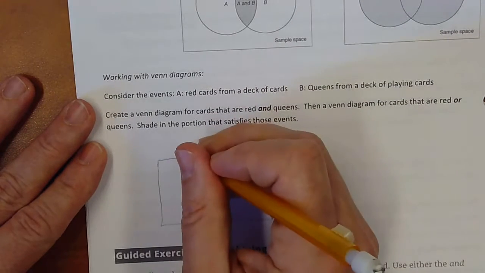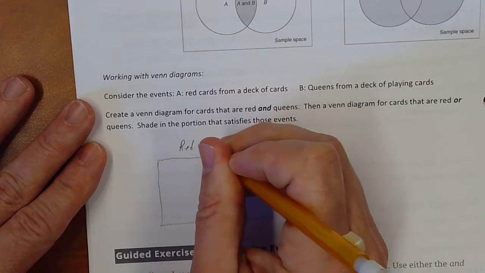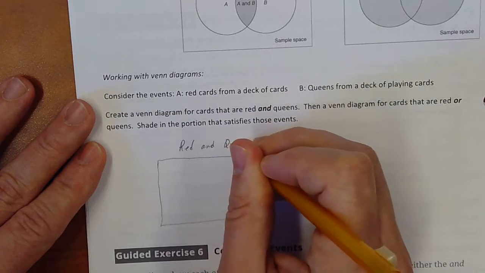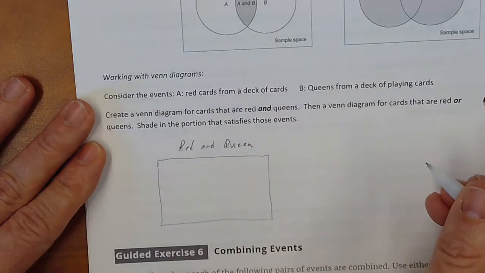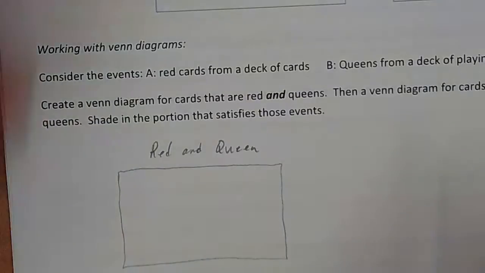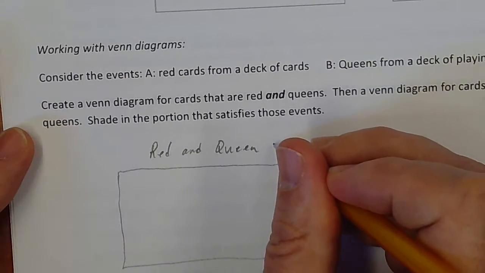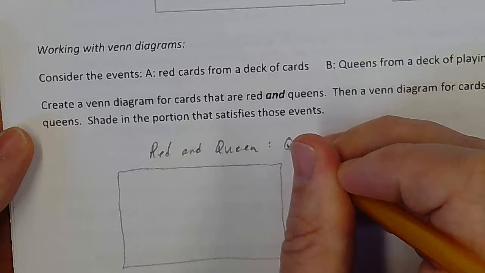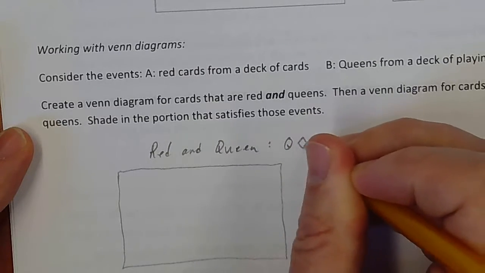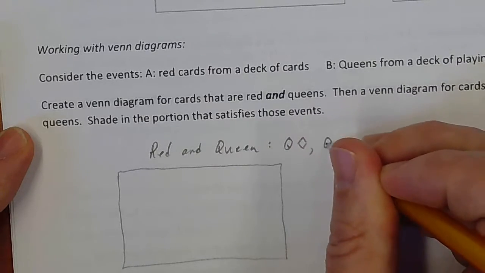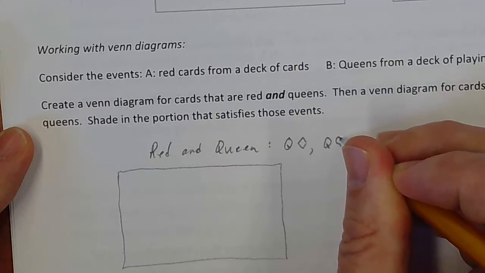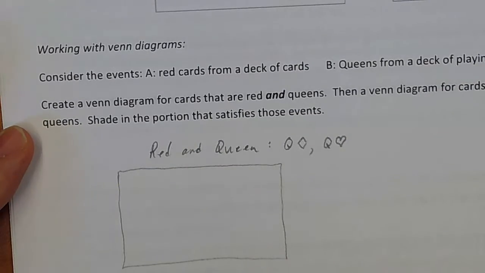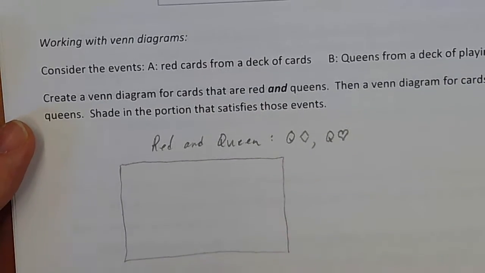Okay, so here we're going to do red and queen. All right, we only have two of those, right? Red and queens would be, let's see, we got the queen of diamonds, and then we're going to have the queen of hearts. Those are our two red queens.